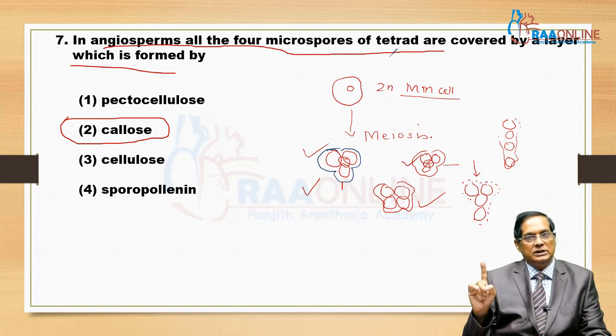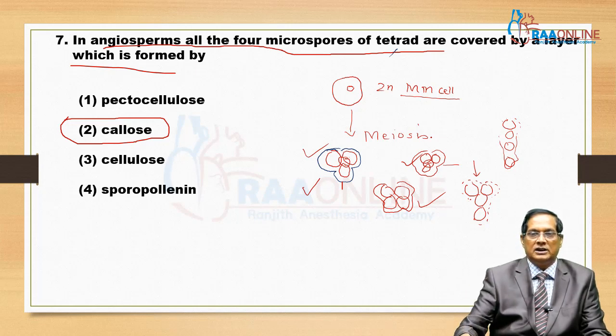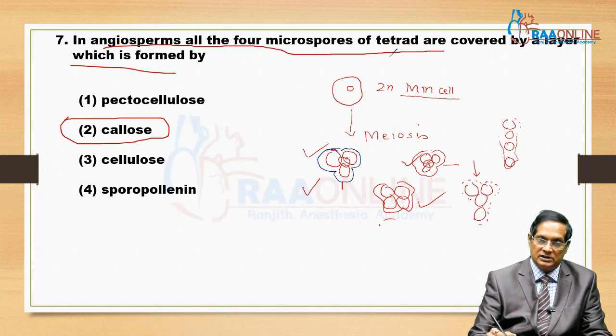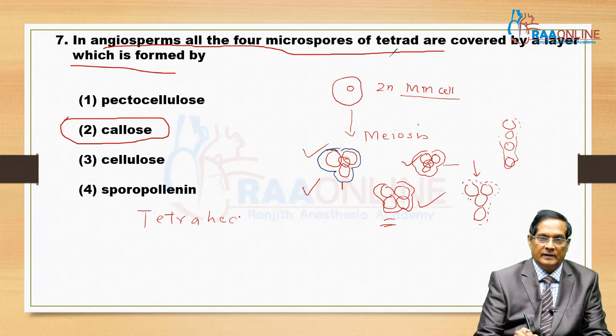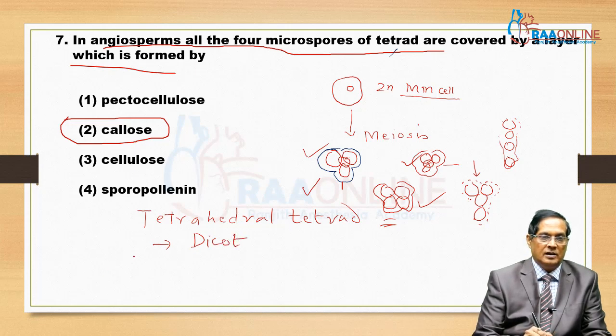Tetrahedral tetrad is common in dicot angiosperms, and isobilateral tetrad is common in monocots.